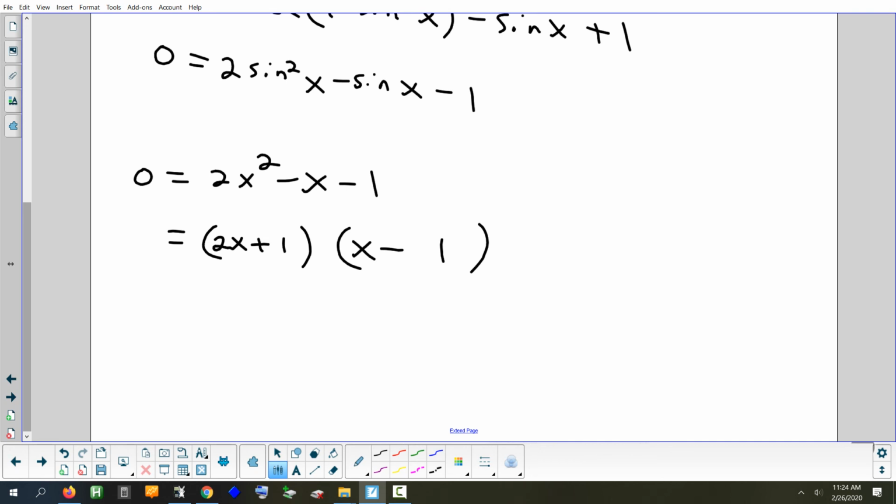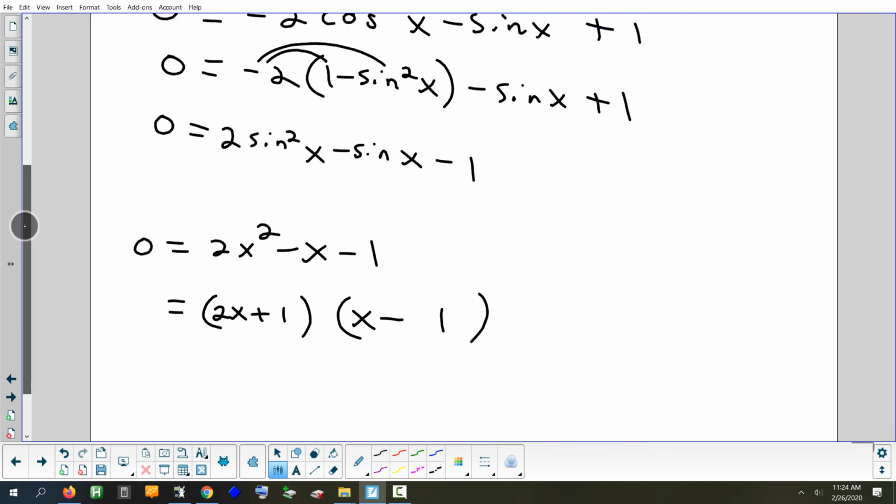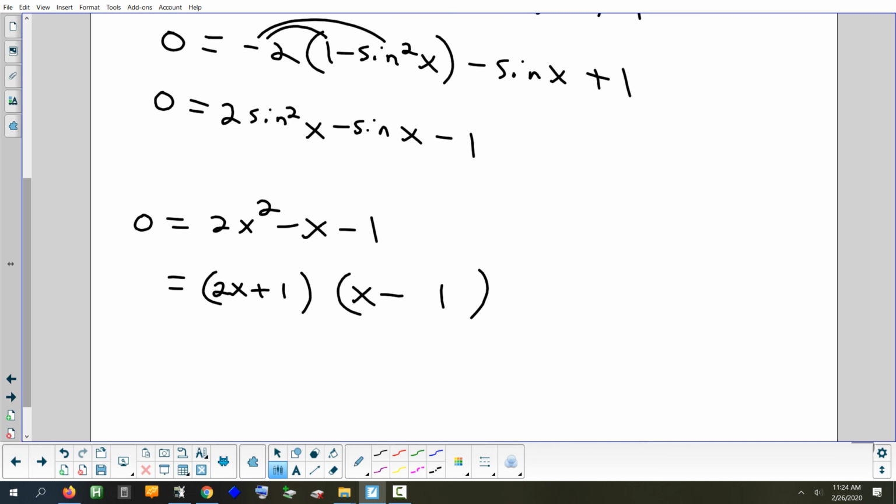I think we're good. 2x times x is 2x squared. 2x times negative 1 is negative 2x. 1 times x is positive x. Negative 2 plus 1 is negative 1. So yeah, we factored it. So we're not going to have to use quadratic formula. Now, remember, we just did this little trick to make it look less confusing to factor.